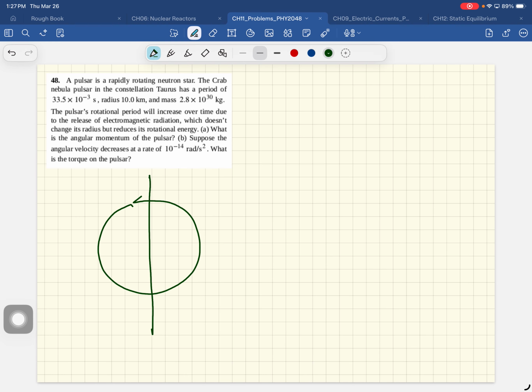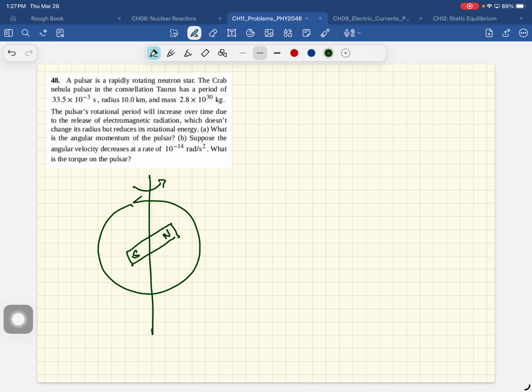Okay, so to calculate the torque that is slowing it down, there again you have those numbers, and you have this number. That number is that number. Okay. So you plug in those numbers and you can calculate this.